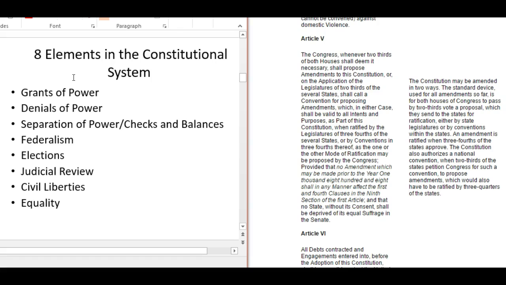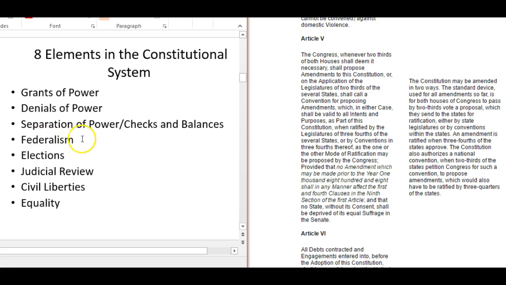So stepping back out away from the Constitution for a second, and looking back at it, you see that it sets up a system, and that's what we're going to talk about now. It's a system that grants power to some entities, and it denies certain other kinds of powers. It sets up a system of checks and balances through the separation of power among the three branches.